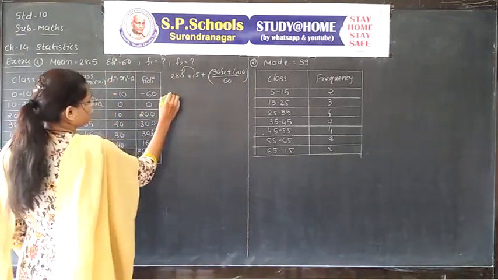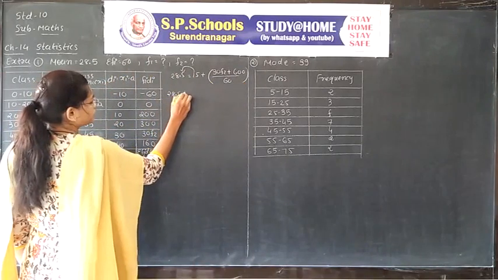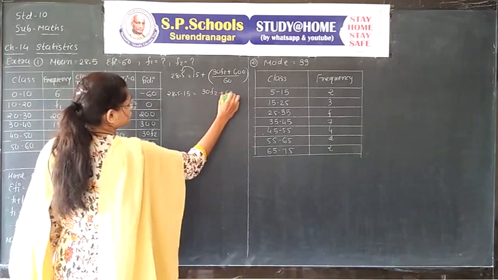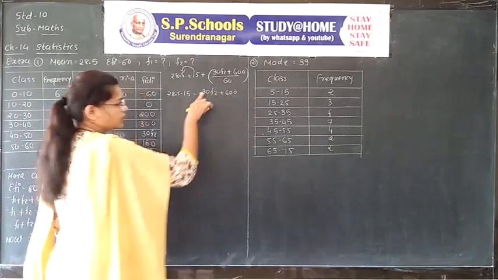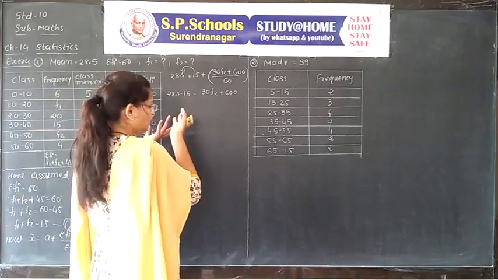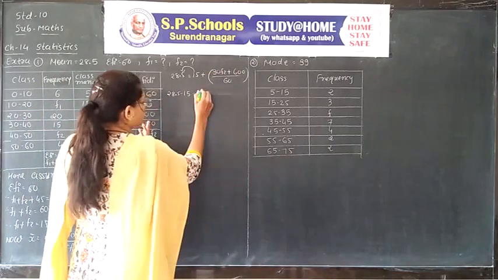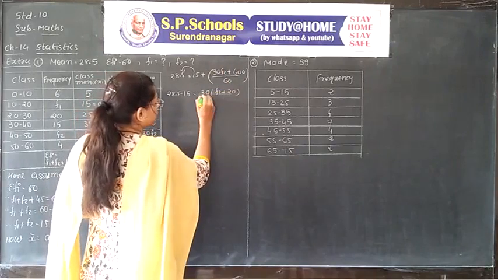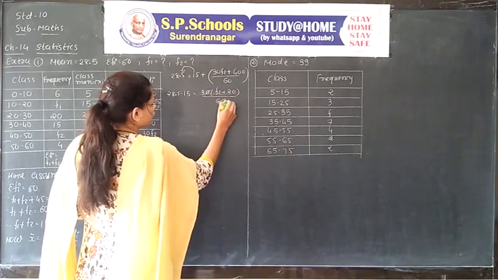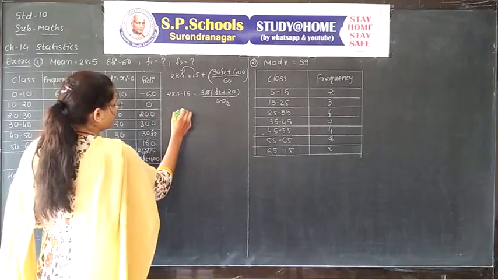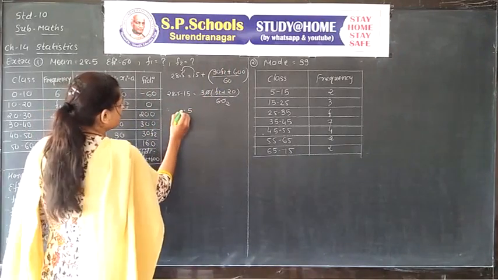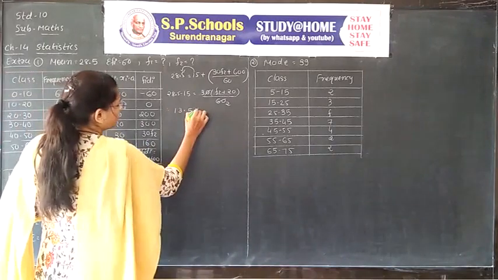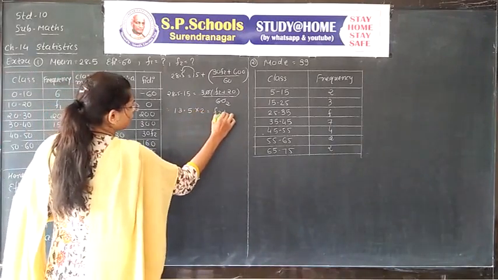We shift 15 from right to left. If you are able to take 30 as common, then first of all take it common for our convenience: 30 into bracket F2 plus 20 upon 60. 28.5 minus 15 is 13.5. We multiply it by 2, F2 plus 20.